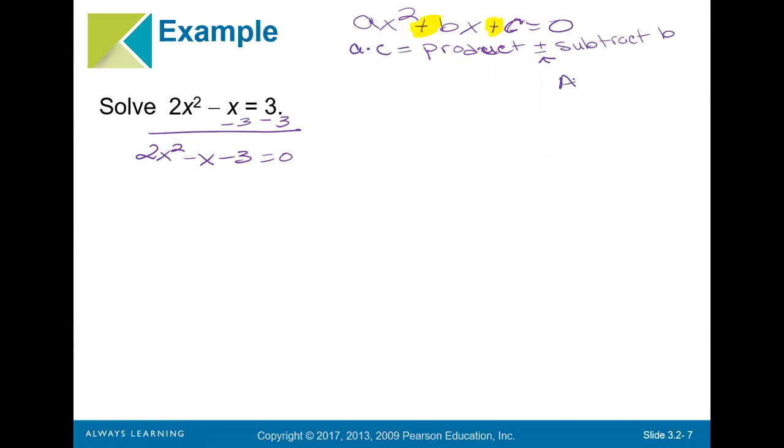If we're adding, then we know the signs are the same. If the sign on B is positive, then we have a positive number plus a positive number. If the sign on B is negative, then I have a negative number plus some negative number. If we're subtracting, the signs are different.